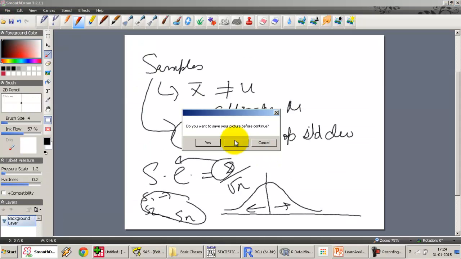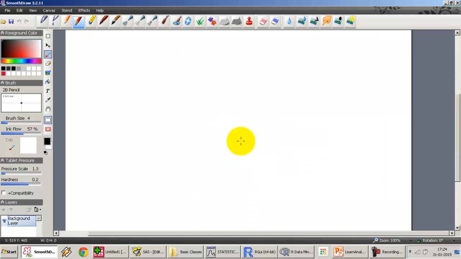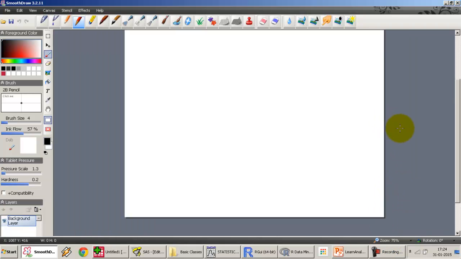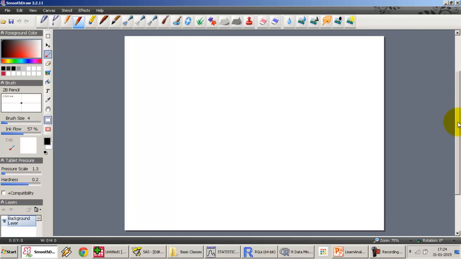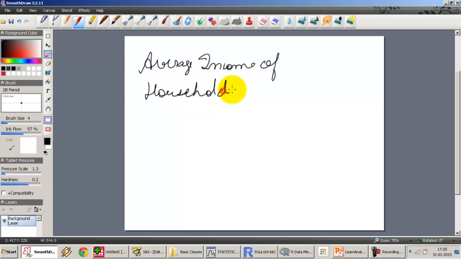Let's say I have a hypothesis which says that the average income of households in city X is 10,000 units of that currency.